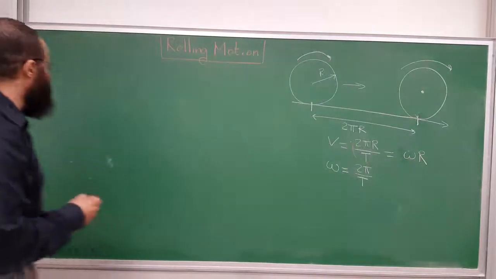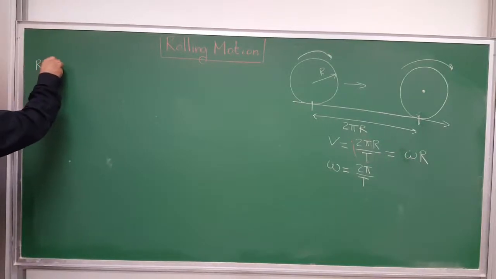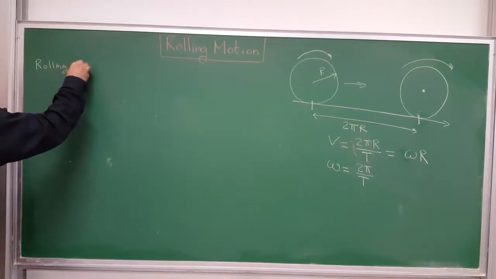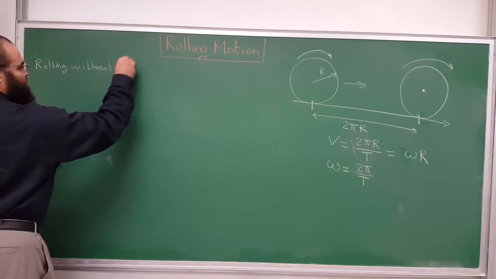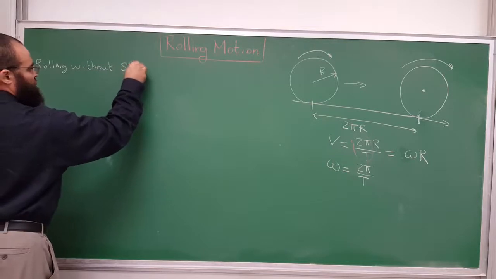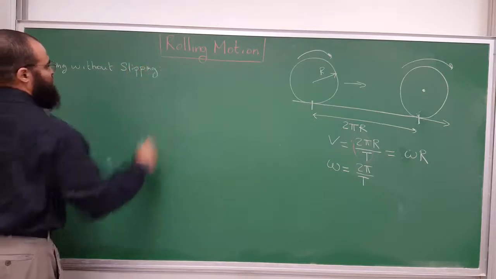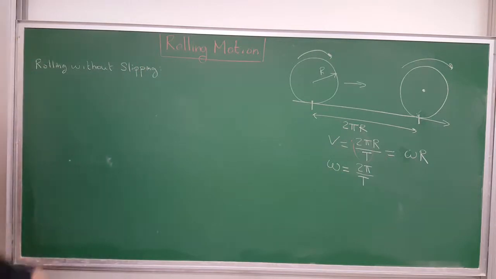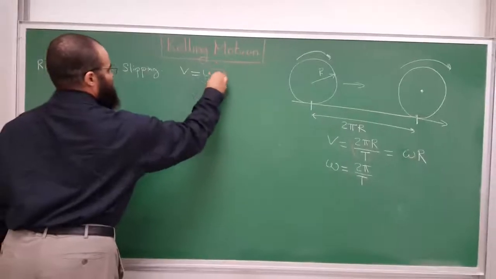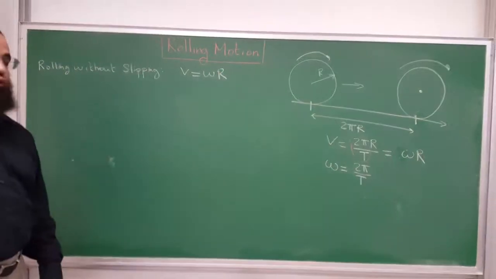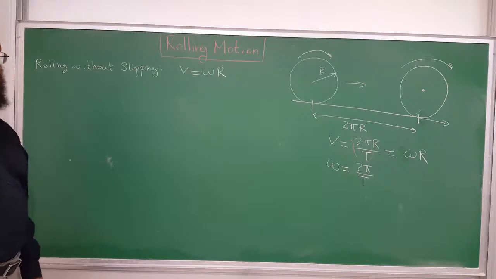So let's summarize this. So rolling without slipping, the condition is that V is equal to omega times R. If V is not equal to omega times R, then it's either skidding or it's slipping.